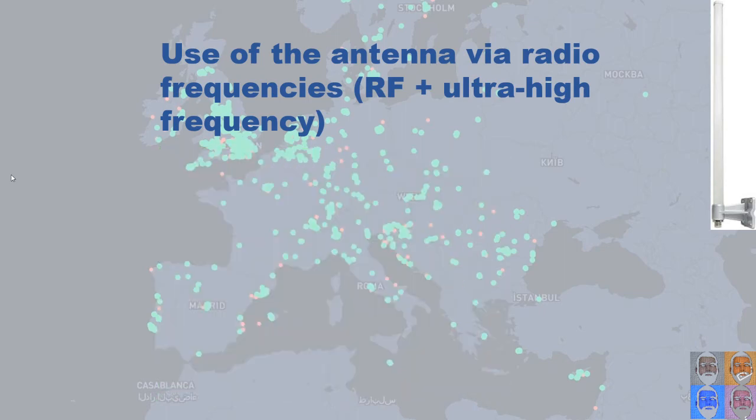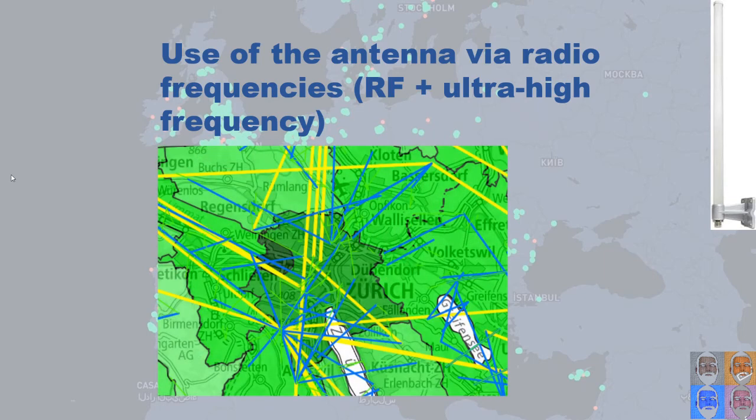So, the use of the antenna via radio frequency, to explain the ultra high frequency and the radio frequency. You can see if people, for example, use the 3 dBi or 4 dBi antenna, this is the blue strips.